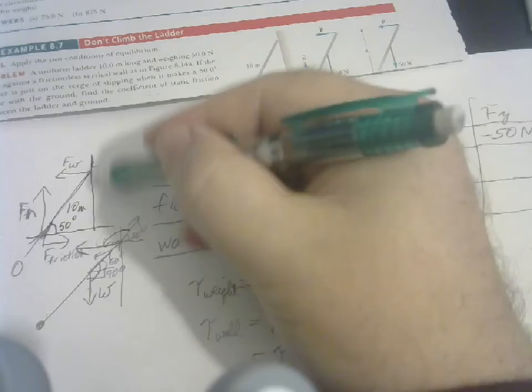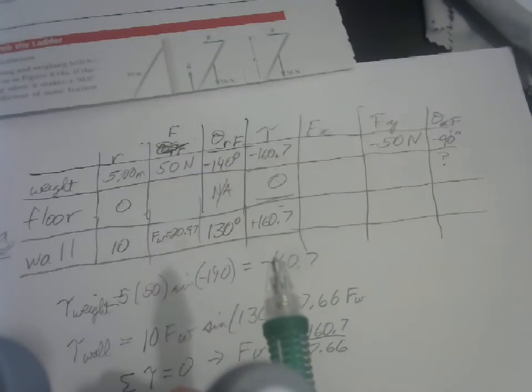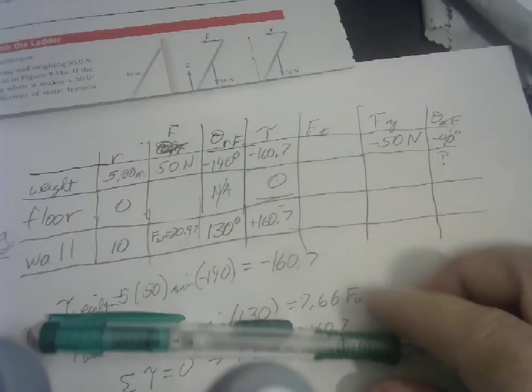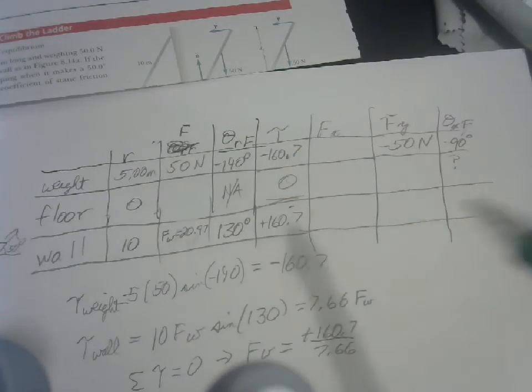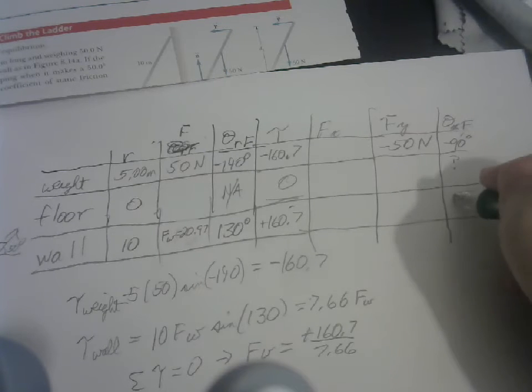But we were told there was no friction in the wall, so it's going to be purely the normal force of the wall, and theta from x to the wall is going to be, what, 180 degrees? Yeah, basically 180 degrees.